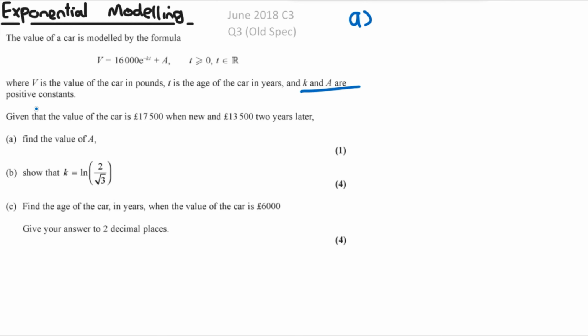And we're told that k and a are positive constants in the formula, and the first question is we need to find the value of a. Well, this is really easy because we know the value of the car when it's new, so it's 17,500, and this is equal to 16,000 e to the power of minus k times t, because it's new, t is going to be equal to 0 because t is the age of the car in years, plus a.